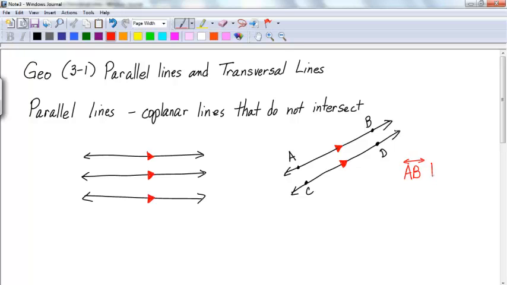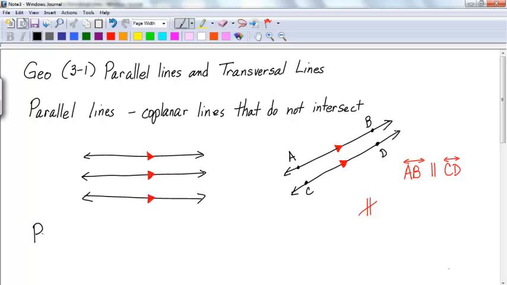And then this is the symbol for parallel: AB is parallel to CD. They can tell you that in the reading and write it like that, or they can use those red triangles on the lines. If they want to show that two lines are not parallel, they'll use that symbol and draw a line through it, and that just shows that they are not parallel.